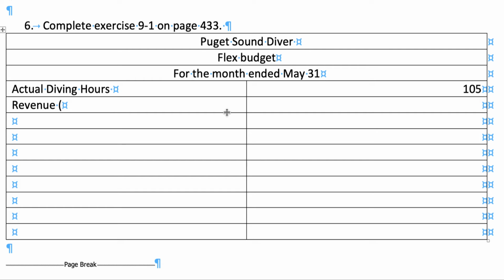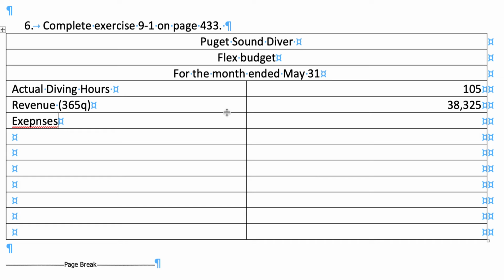Well, it's 365 Q. In this case, Q is the 105. So our revenue, $365 times 105 diving hours, if my math's right, should give us 38,325.